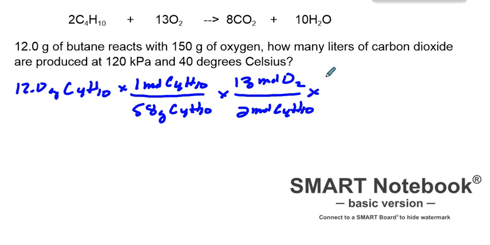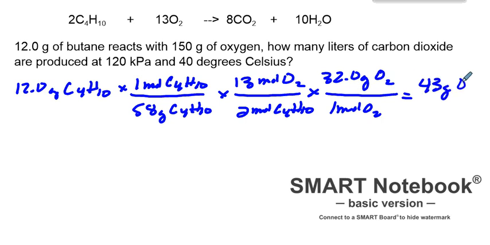And I'll times that by 32.0 grams of oxygen, because that's its molar mass, per 1 mole of oxygen. And that gives me an answer of 43 grams of oxygen. I've been given 150. 150 is a lot more than 43. As I suspected, then butane is our limiting reactant.